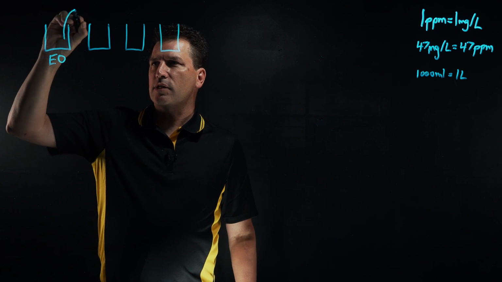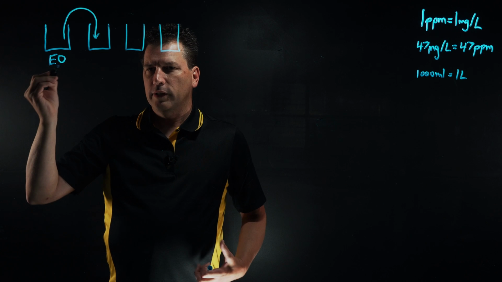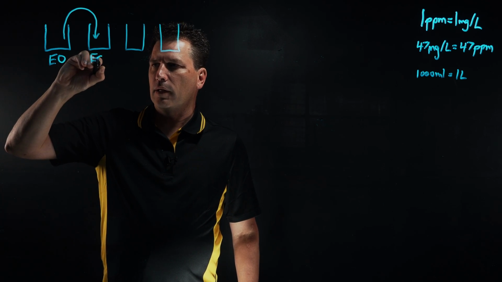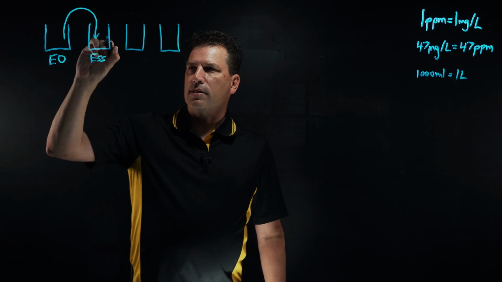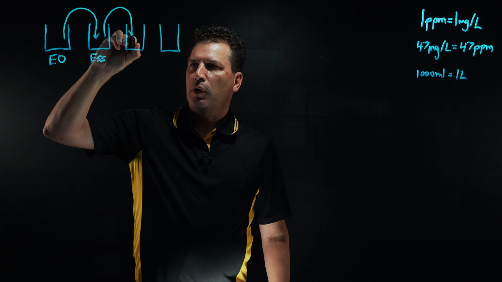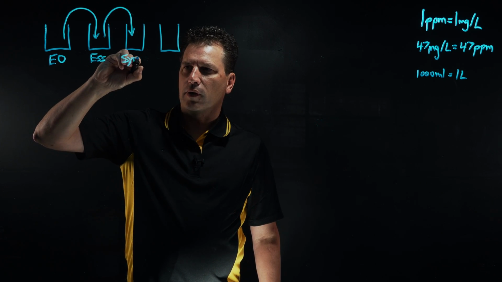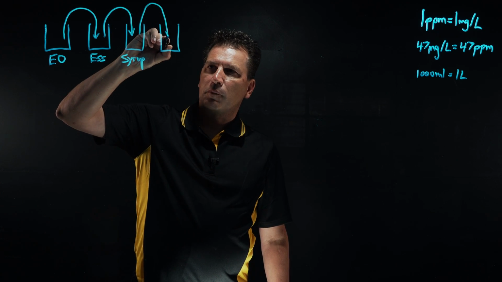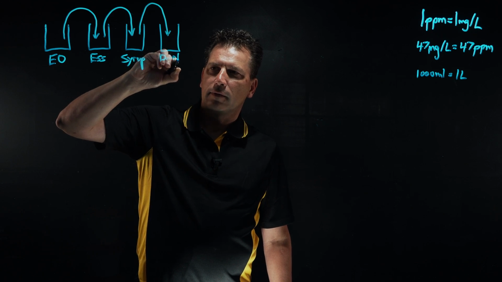So we're going to take a sample of it and put it into some ethanol water mixture or solvent, and that is going to create an essence. And then we're going to take some of that essence and put it into some syrup, and that's going to give us our flavor syrup. And then, as all bartenders know, you take your syrup and you put it in your final drink, and obviously we have a drink.